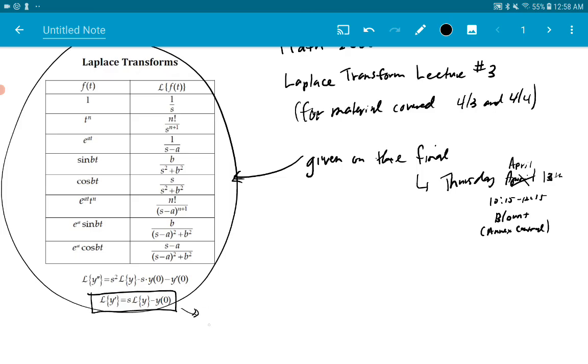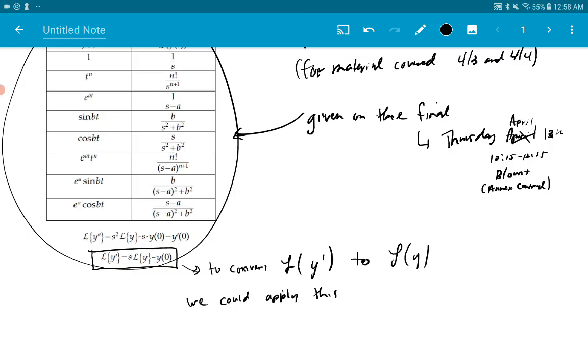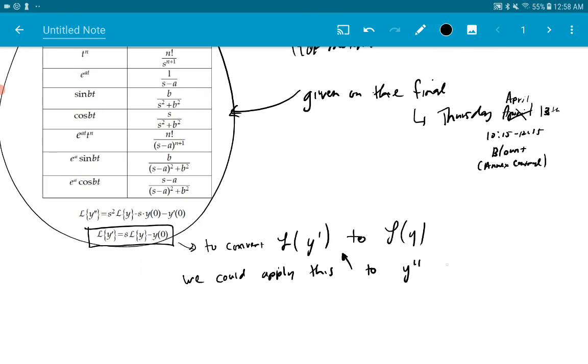We found this formula, a way to convert the Laplace transform of a derivative to a Laplace transform without a derivative. In fact, we could apply that formula to y double prime, since y double prime is equal to y prime prime.